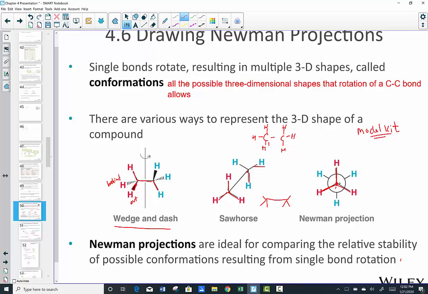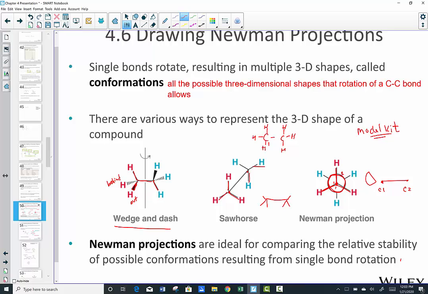What you then have to envision is going from carbon 1 back to carbon 2. This open-ended circle is behind carbon 1. Remember that if you're looking from carbon 1 to carbon 2, think of that as your viewpoint.